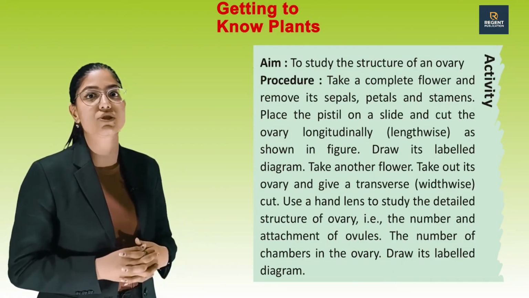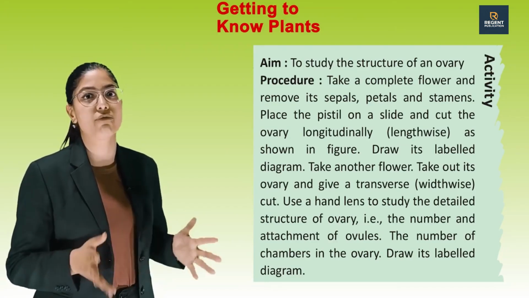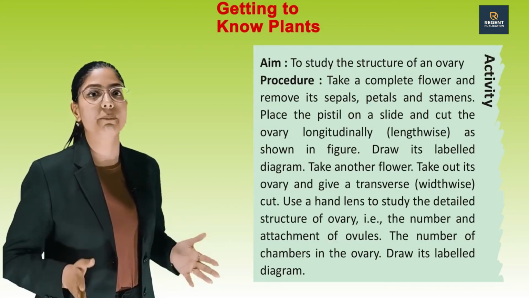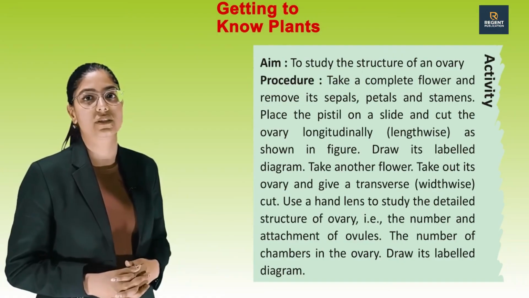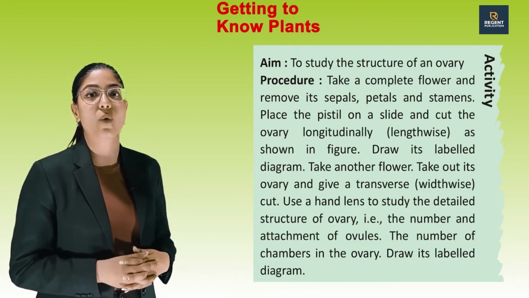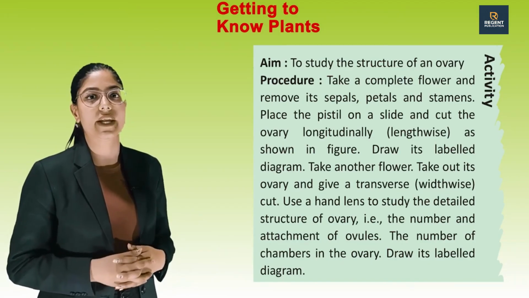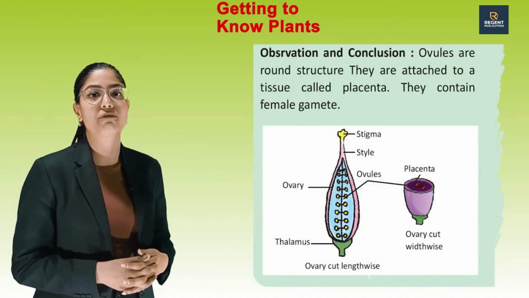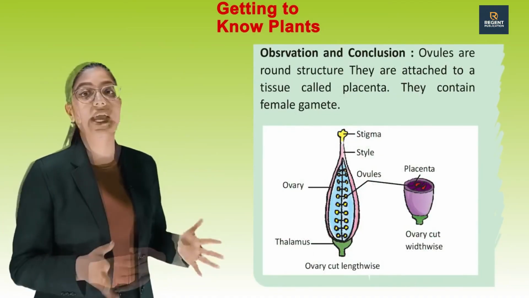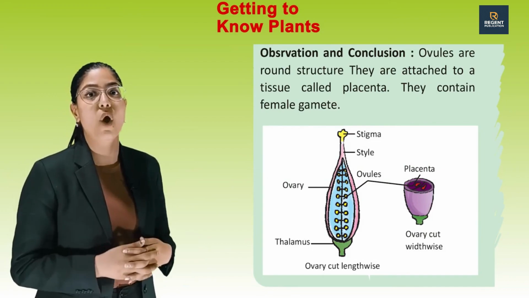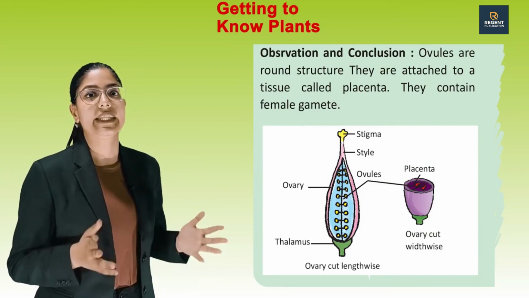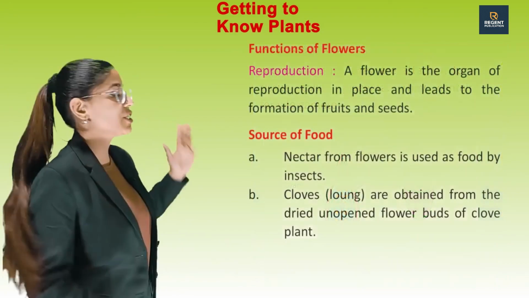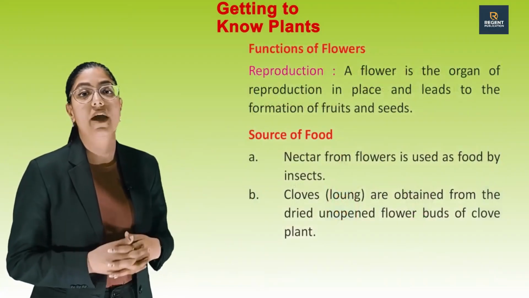Use a hand lens to study the detailed structure of the ovary, that is, the number and attachment of ovules, and the number of chambers in the ovary. Draw its labeled diagram. Observation and conclusion: ovules are round structures. They are attached to a tissue called placenta. They contain the female gamete.